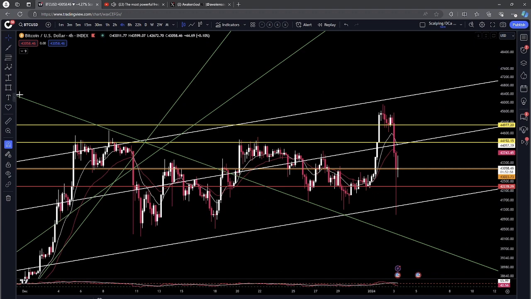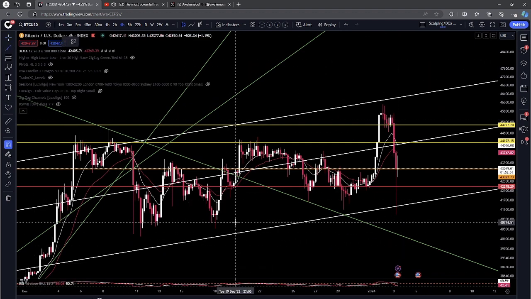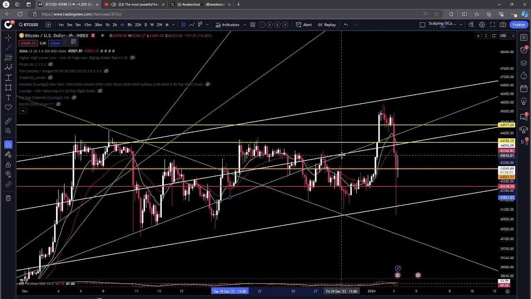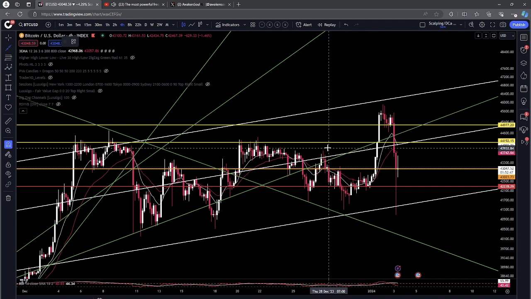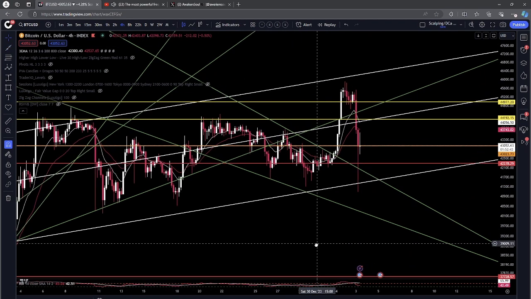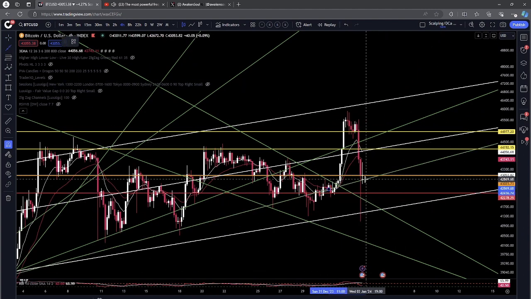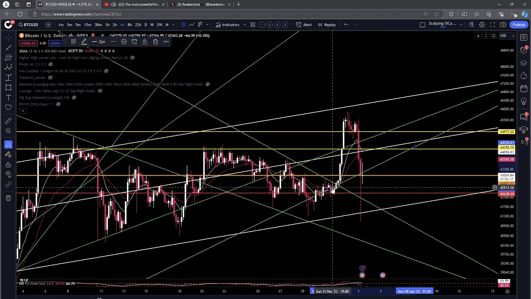Then we have an uptrend again, where price action went up. And then we have price action coming back down. Right, then we have price action going back up. At this point, it's still technically up.